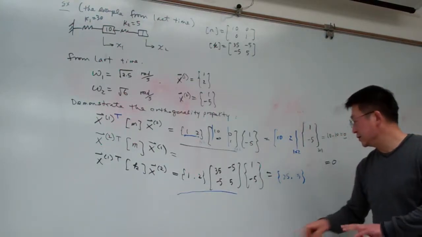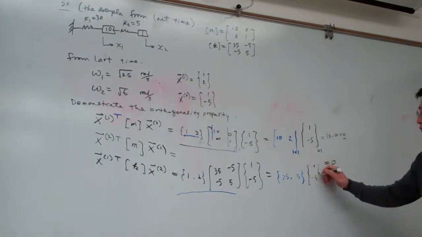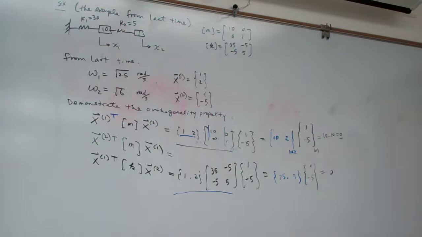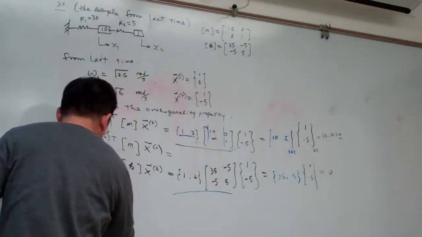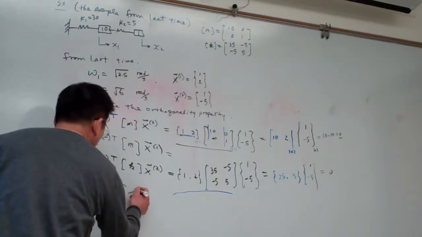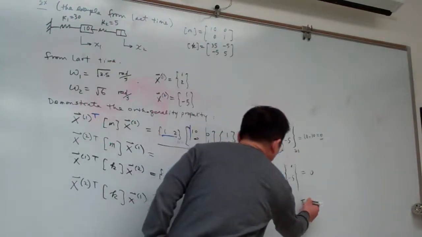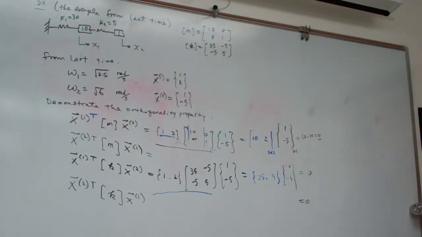Then the remaining is 1, minus 5. Again, this equals 0. In a similar process, x2 transpose K x1 is also equal to 0.